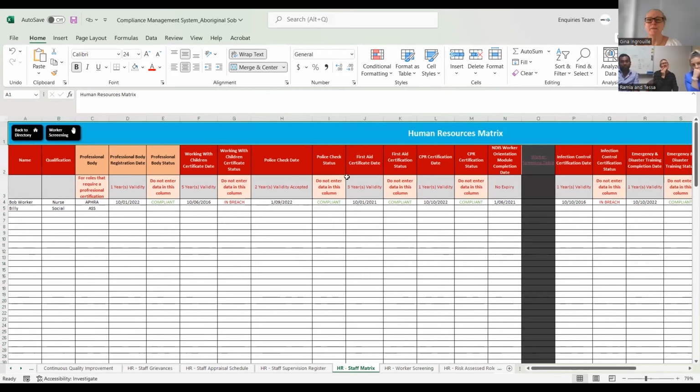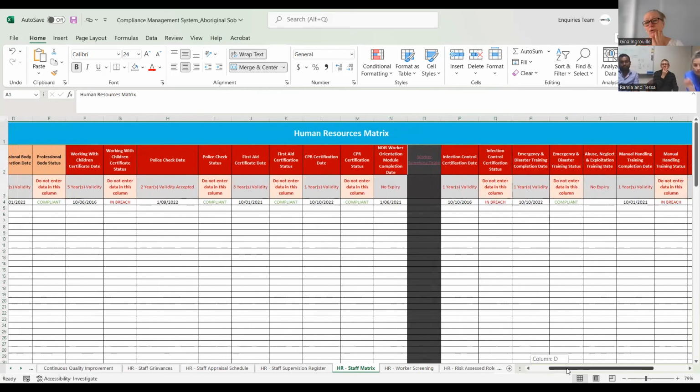So back to the HR matrix. Now, talking about your worker screening, have you guys got yourself an unregistered provider worker screening ID? No. Okay, so you'll need to start doing that.